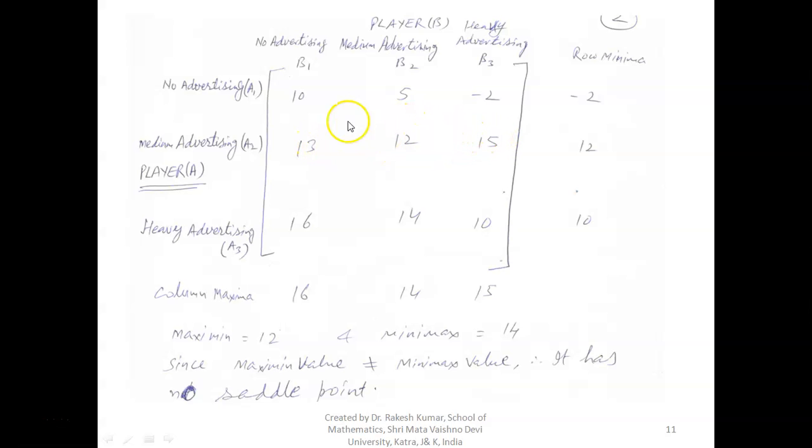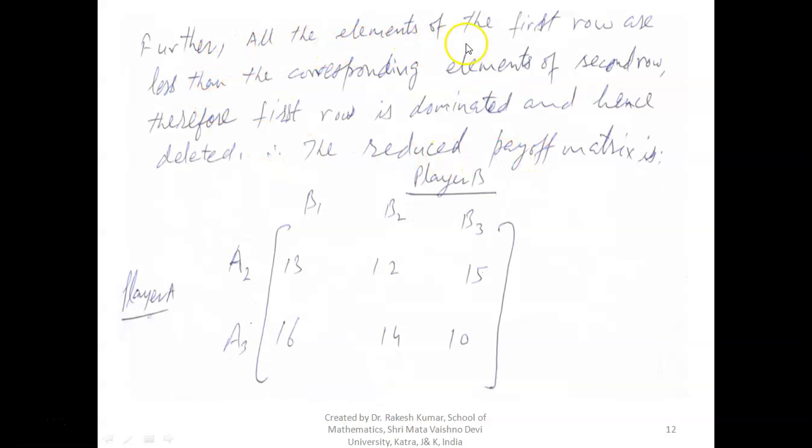Accordingly, this can be deleted. I've written here that all the elements of the first row are less than the corresponding elements of the second row. Therefore, the first row is dominated and hence deleted. Therefore, the reduced payoff matrix is like this: player A, player B, A1, A2, A3, B1, B2, B3.